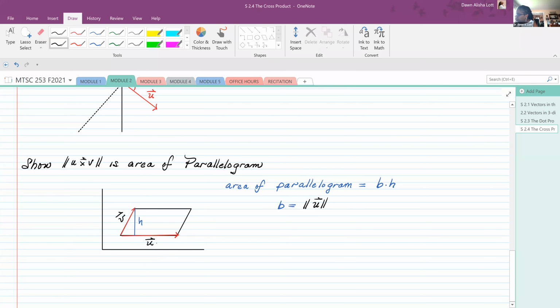But for H, if I put theta in here, I have H over V is the sine of theta. So I know that H over the length of V is the sine of theta.